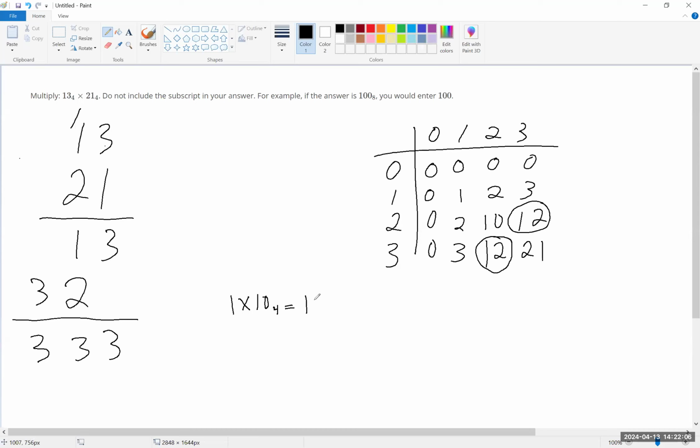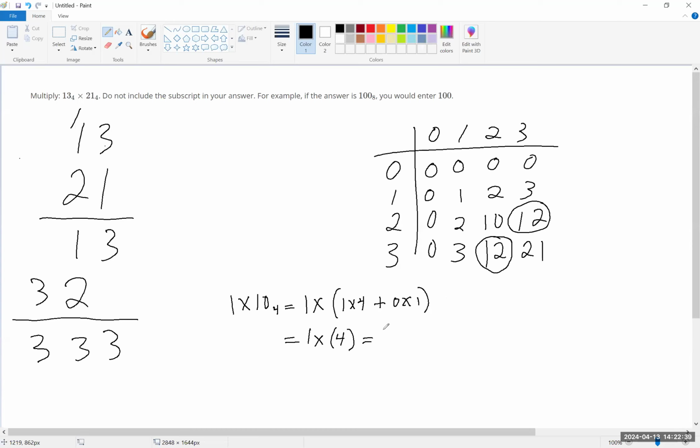That would be 1 times 4 plus 0 times 1. Now I'm moving over to base 10. This is 1 times 4 things, because this goes away.